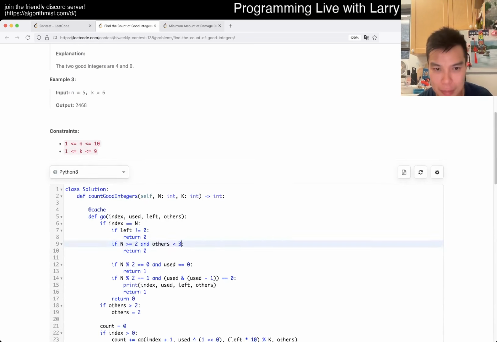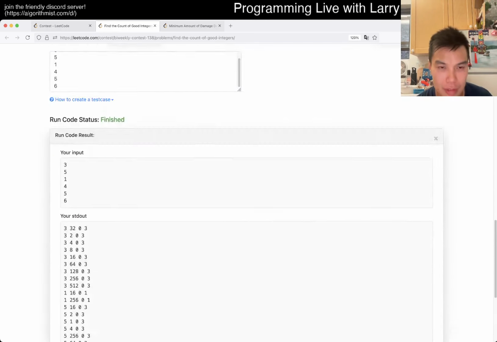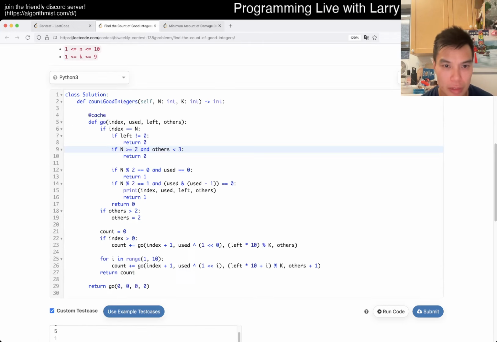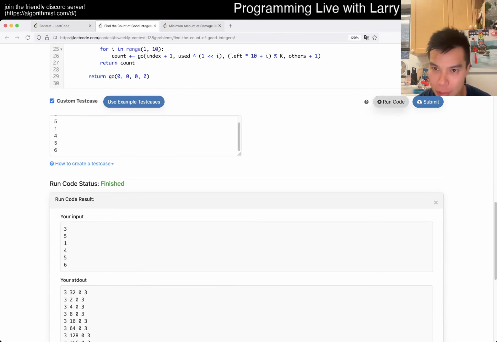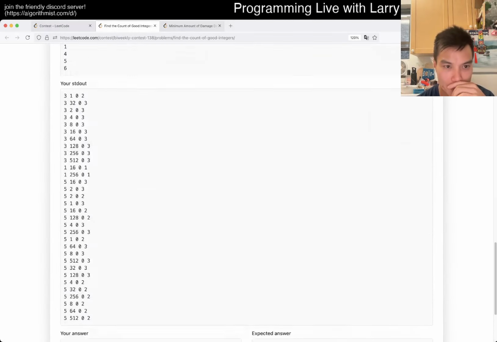Did I just mess up? Is it just this? No, because then now others have to be equal to 3. So okay. I think it's this, but I don't know why it's still overcounting.